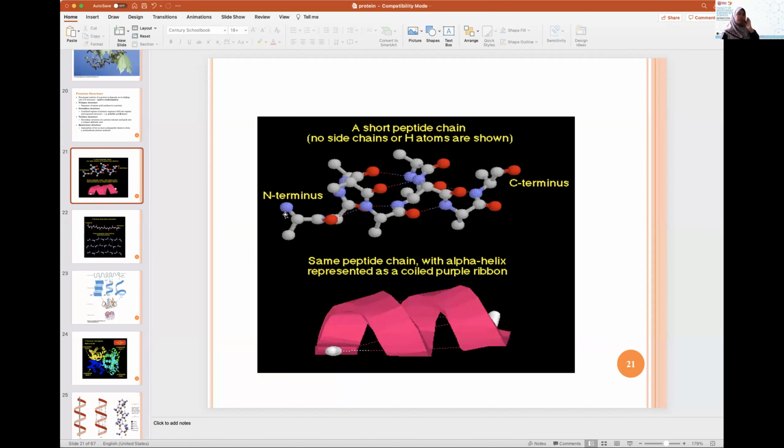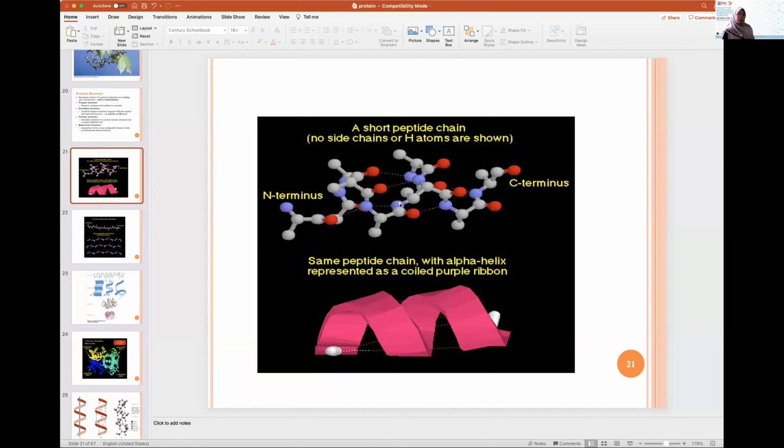Yeah, we have here N-terminus to C-terminus. Normally the N-terminus is in blue color, and then the carbon at the C-terminus we put in red color here.